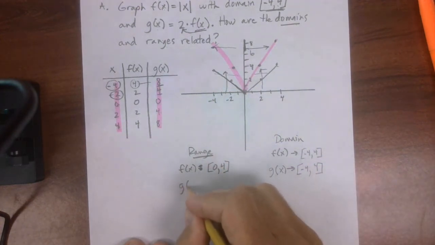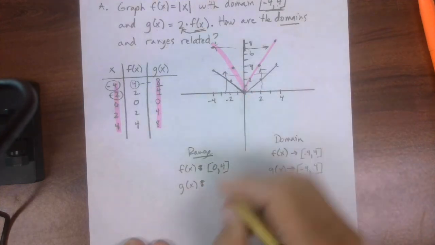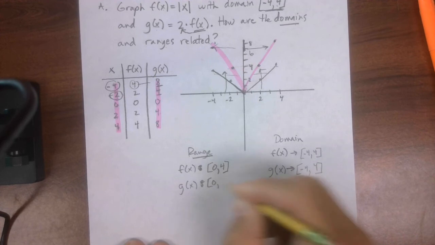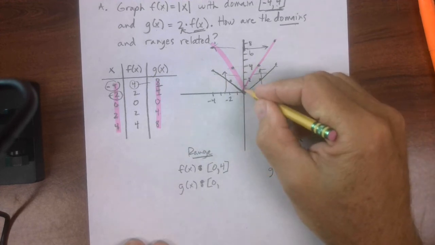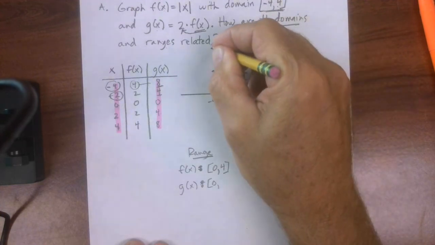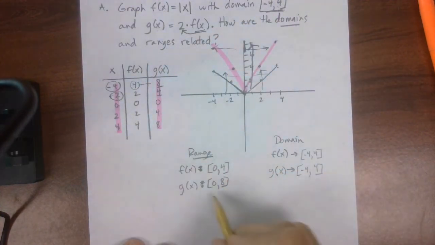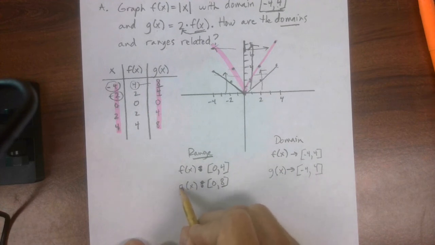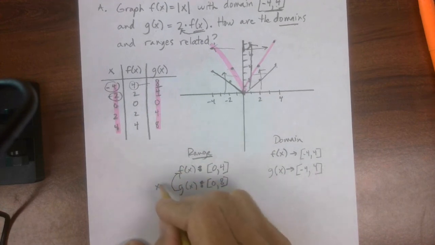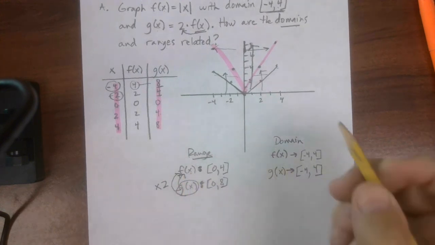Now, what about g of x, the pink one? Well, how low does that go? That's the same. How high does it go? Well, as you can see, it gets up to 8 here, and it gets up to 8 here, so the highest point is 8. So the range is times 2. G of x is times 2 of f of x. So that's how they're related.